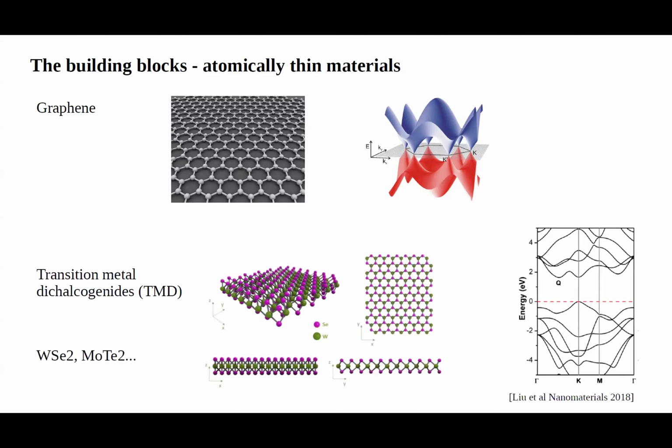So another very popular choice in terms of two-dimensional materials, especially when you want to build moire materials, are transition metal dichalcogenides, or TMD, and I will probably keep saying TMD in the rest of the talk. So they're not one atom thick, as you can see if you look at this view.